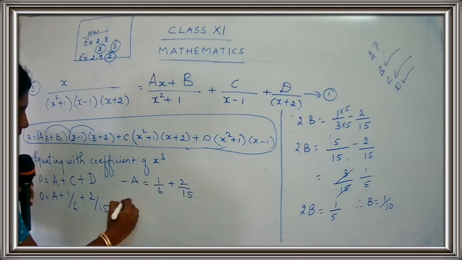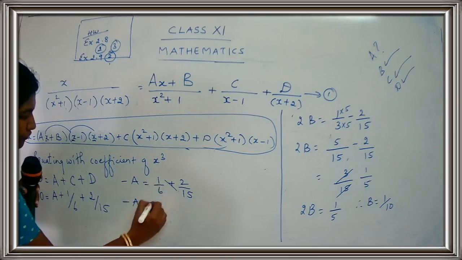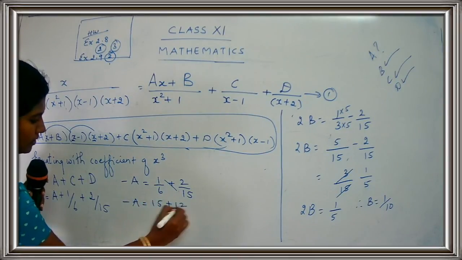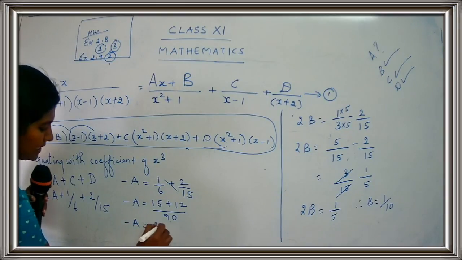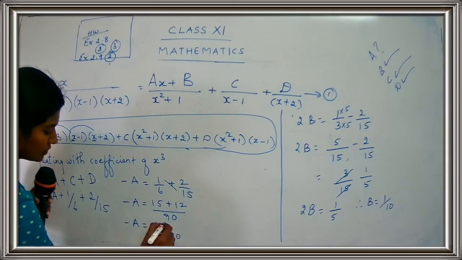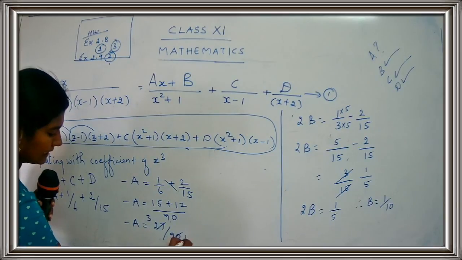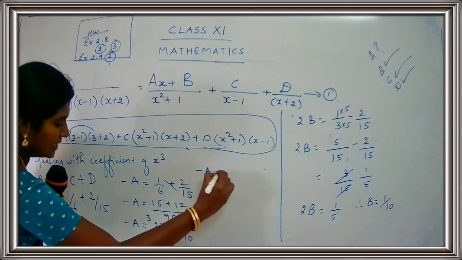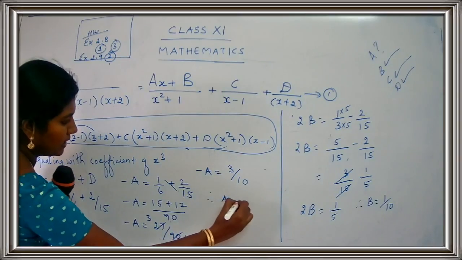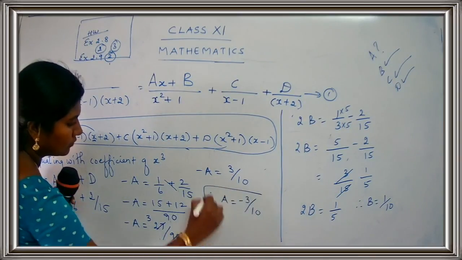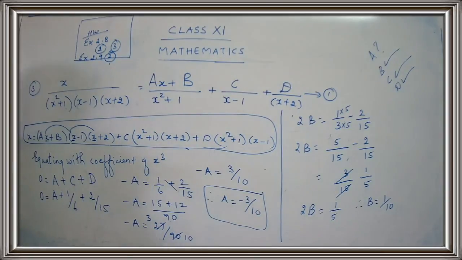I'll just cross multiply. So 15 plus 12 upon 90. So minus a is equal to 27 upon 90. So minus a is 3 by 10. So a is equal to minus 3 by 10. So we have found the value for a. What is the value for a? We get the value for a as minus 3 by 10.